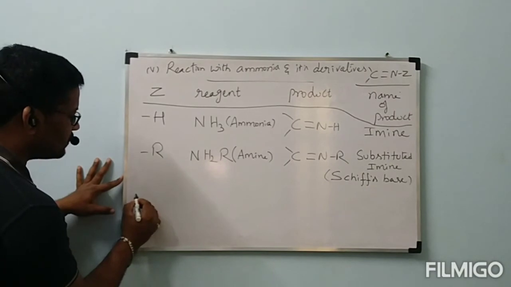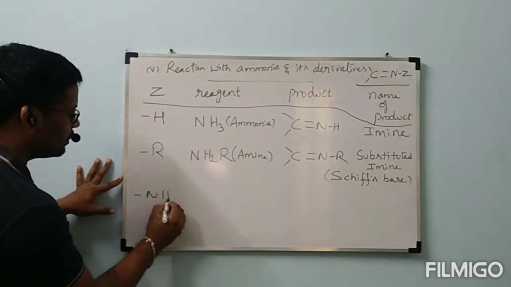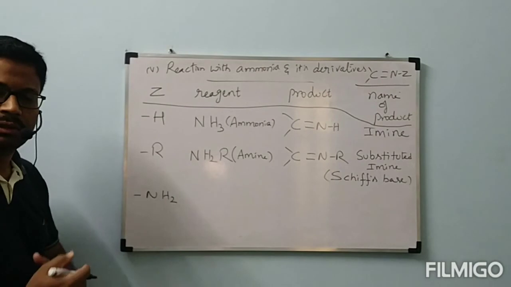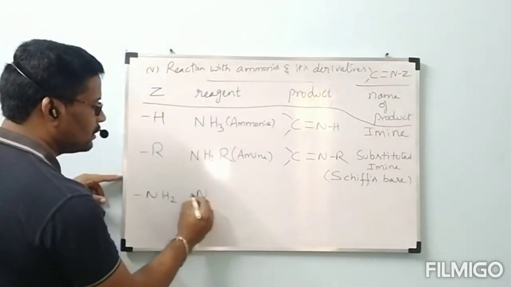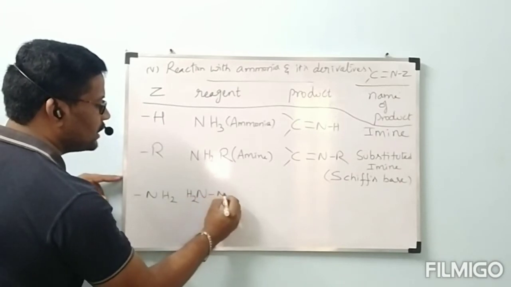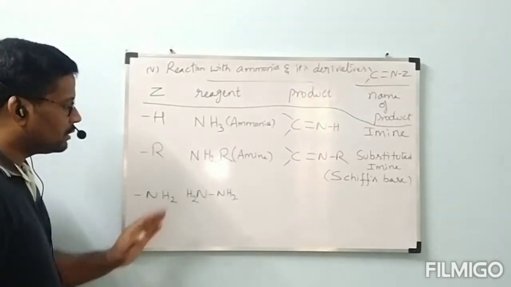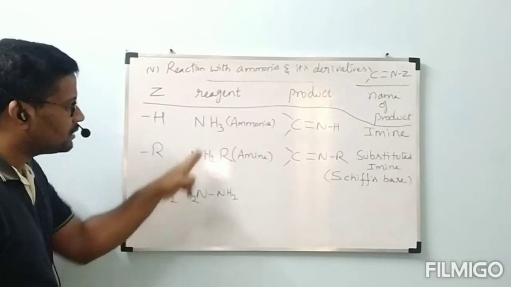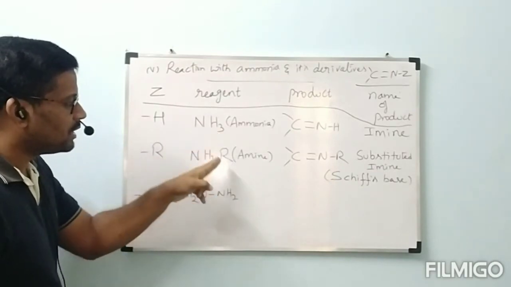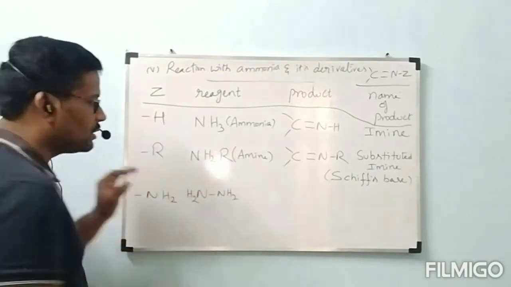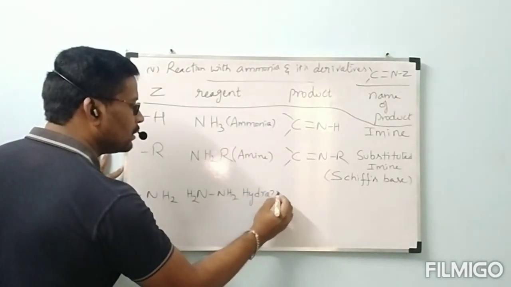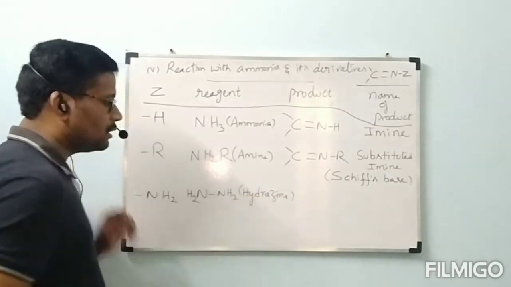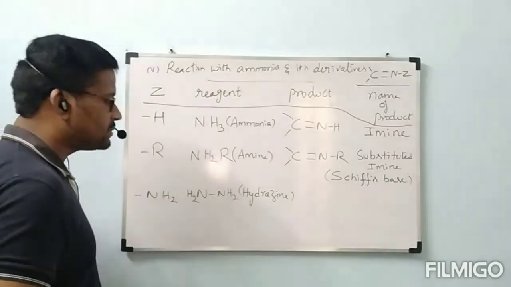If Z is equal to NH2, then reagent NH2, NH2. Everywhere NH2 is same only. Here H is there, here R, here NH2. This is called hydrazine. What is the substance?